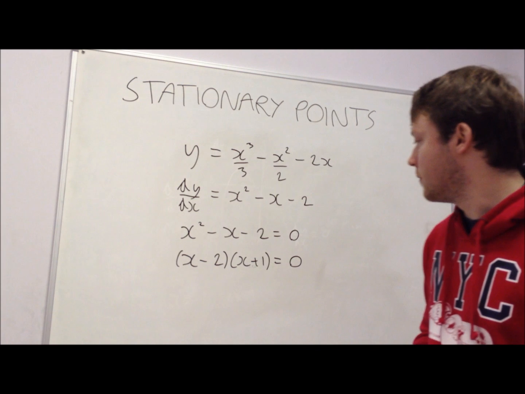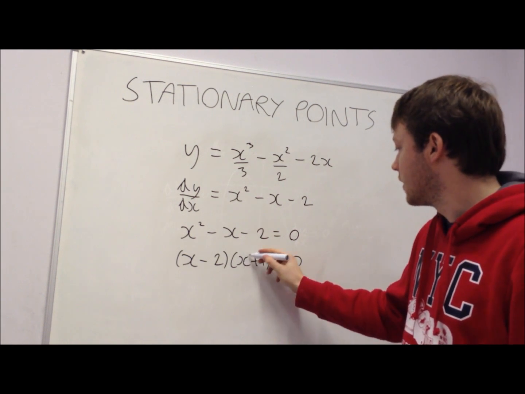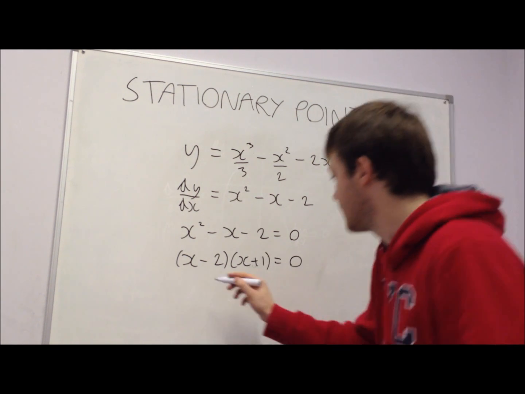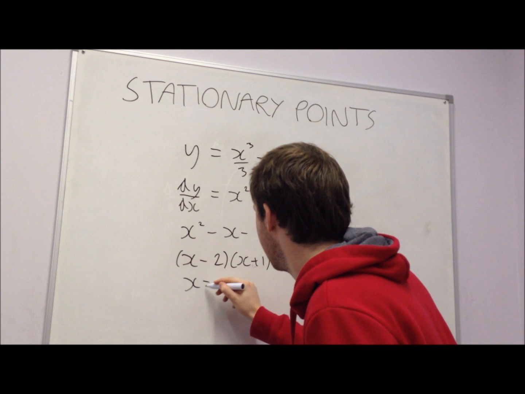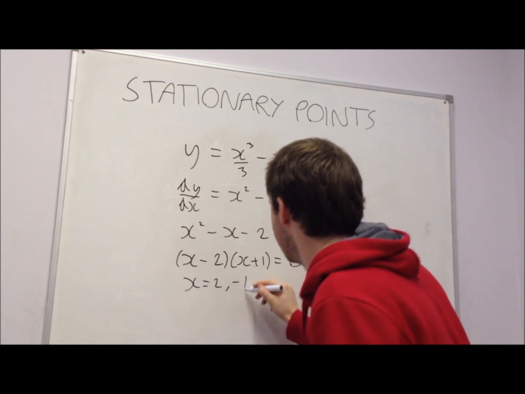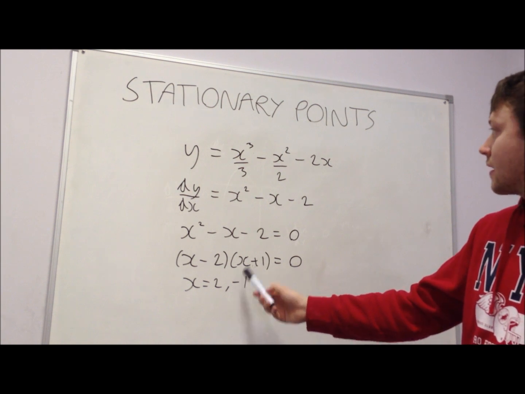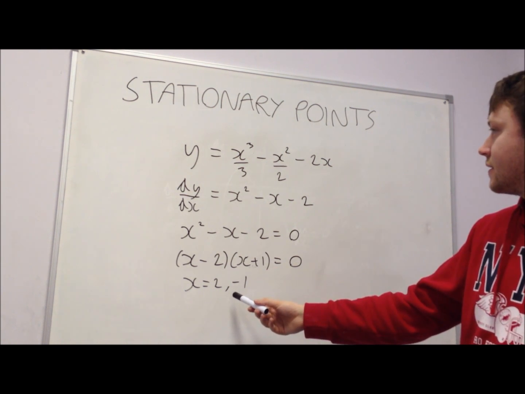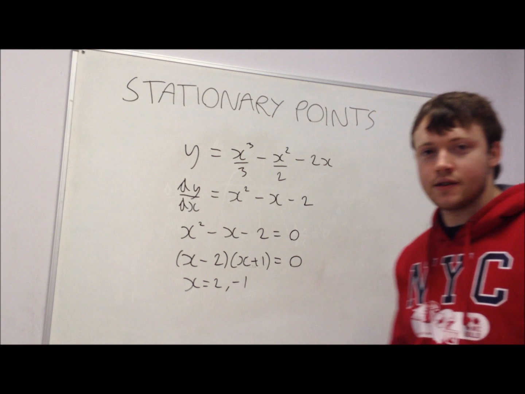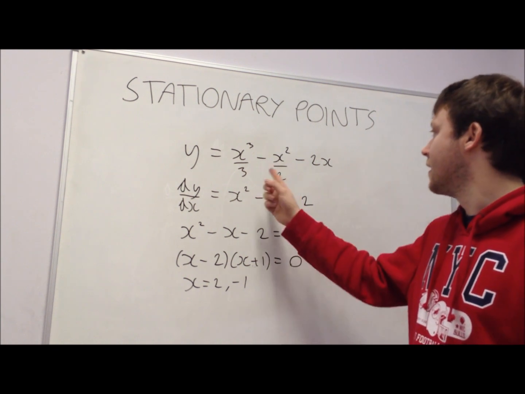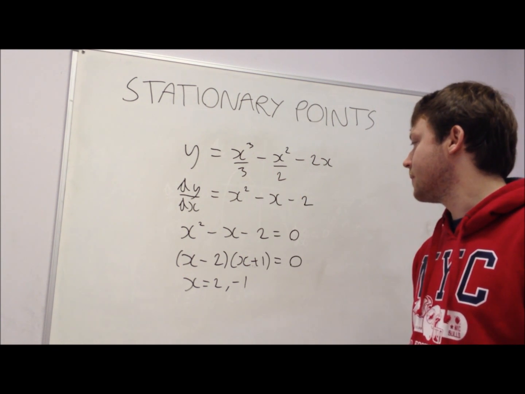And then from here we should be able to solve for x fairly easily. So we can just jot down that x equals 2 and minus 1. So these two are the x coordinates of all the stationary points found on that curve.